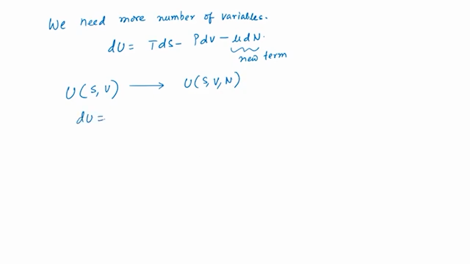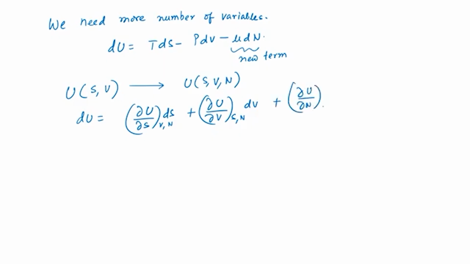So, dU becomes equal to del U del S with V and N constant, times dS, plus del U del V with S and N constant, times dV, plus del U del N with S and V constant, times dN, term by term.